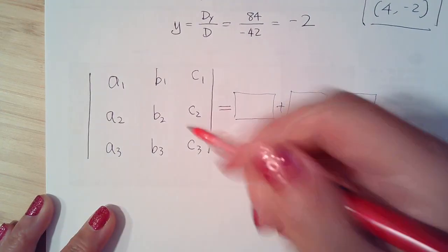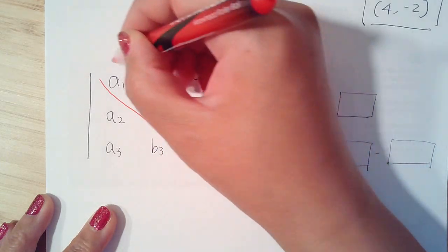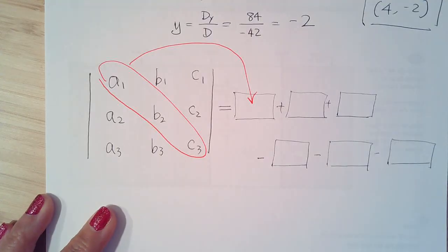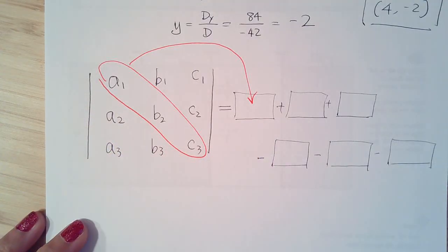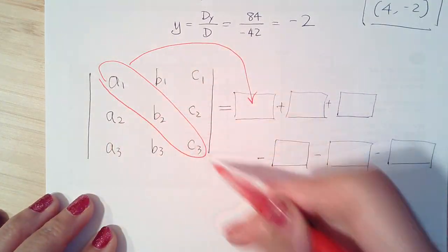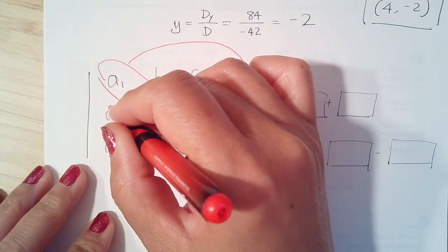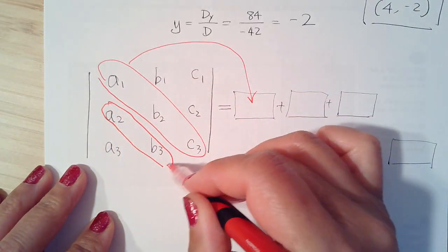All right, now. The product of A1, B2, C3 goes to the first box. This way, right? From top left and down. And then this A2, B3, but not done yet.